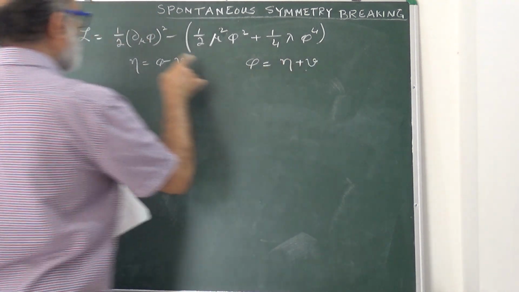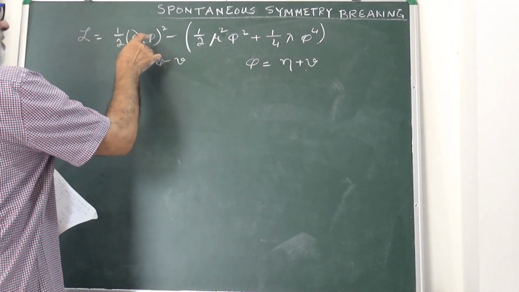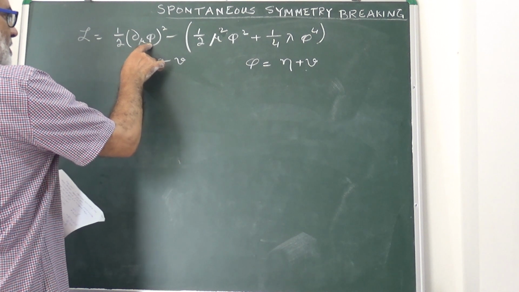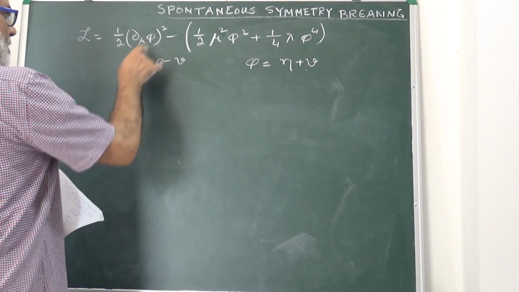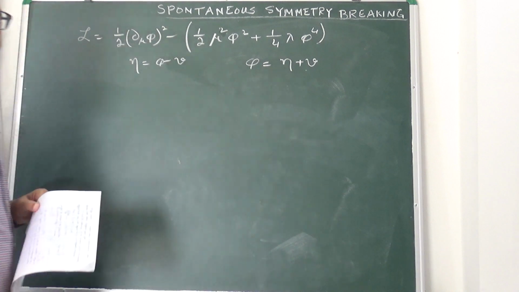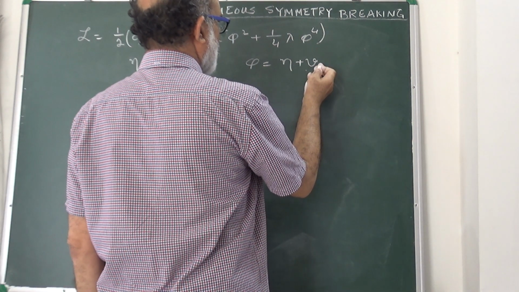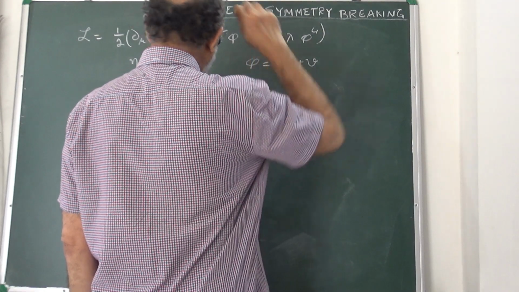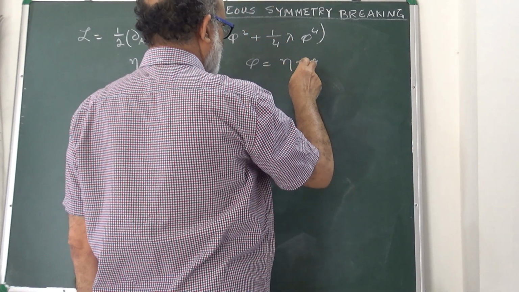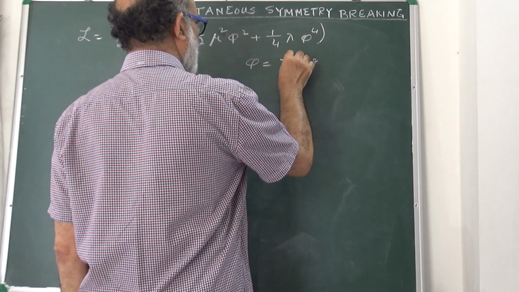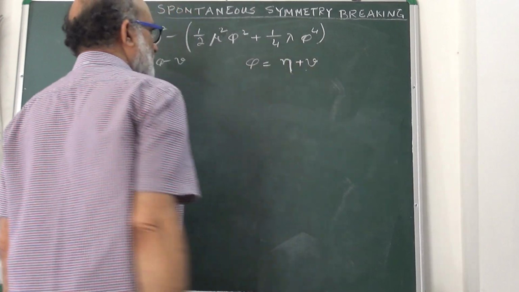So instead of taking phi as our field, we substitute the value of phi in terms of eta, where v is the constant value of the field where the potential is minimum. So this value is constant, and the field has now shifted from phi to eta.